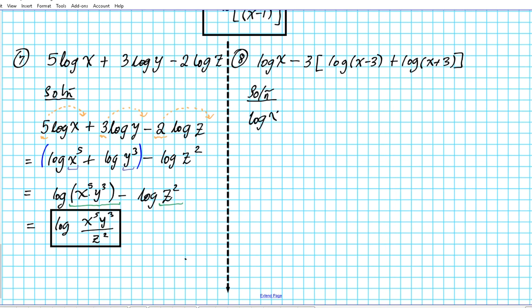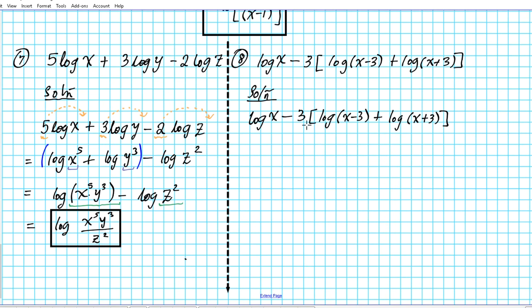Okay, so log of x minus 3 times the quantity log of x minus 3 plus log of x plus 3. Alright, so first things first, we want to make sure that we all have the identical logarithms without coefficients. That's not the case here.